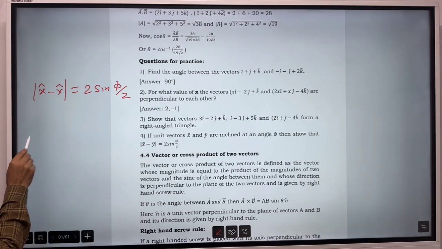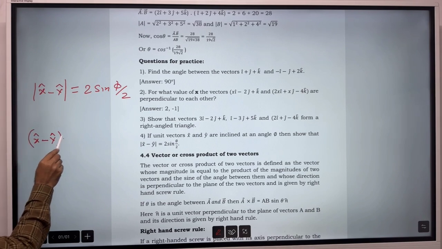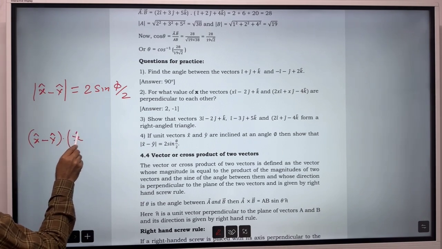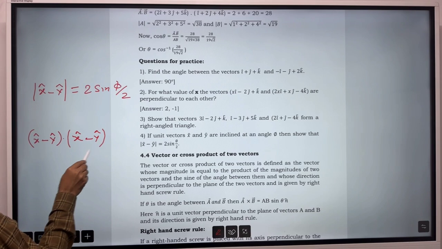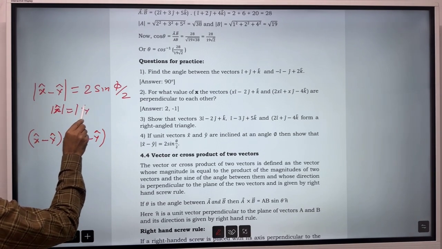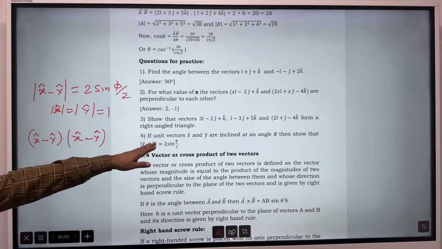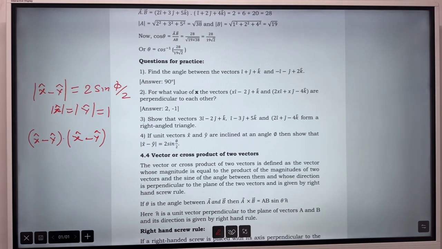Suppose we take x cap minus y cap and find the dot product of itself. What do we get? Assuming that x cap and y cap have modulus 1, because in our question it is given that x cap and y cap are unit vectors. The angle between them is given as phi, so let's try it.